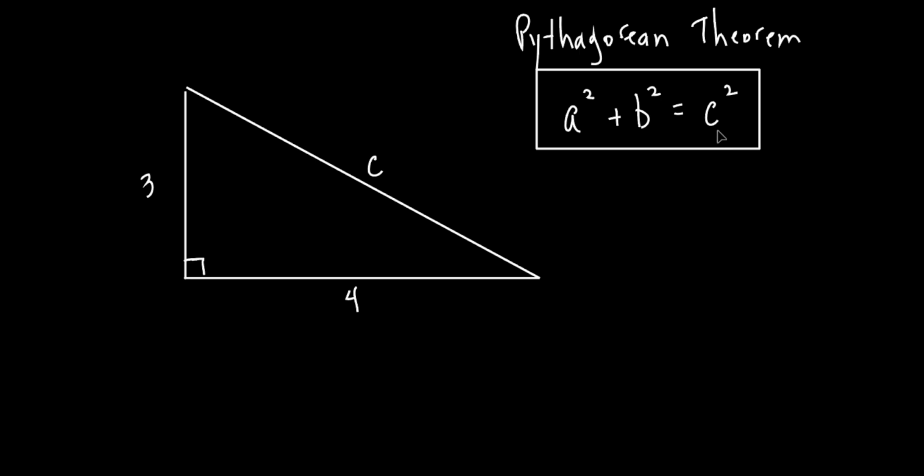Notice where the c is. The c is always the hypotenuse. It's always by itself. It's the two sides that are being squared and added up. So I always take the two legs of the right triangle, square them, add them up. It's always going to equal the square of the hypotenuse.